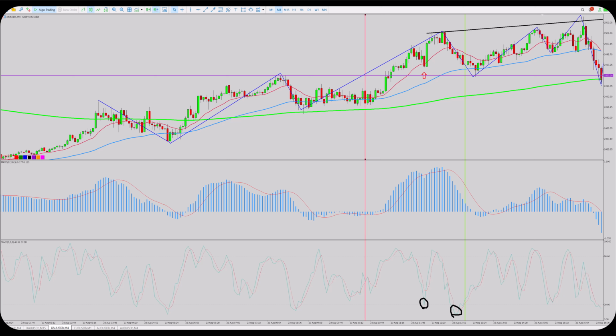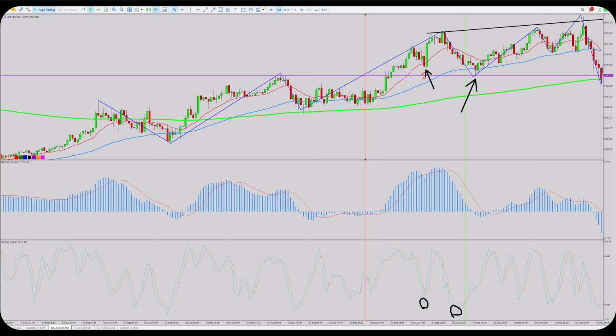One, as I put the arrow, is here. The second one above this resistance line. Both of them will give you exact entry point, and when you enter the market, right after that the price starts moving upward. The next one, the previous one as well, the price starts moving upward.